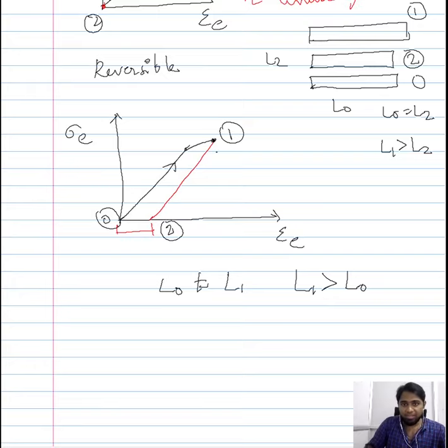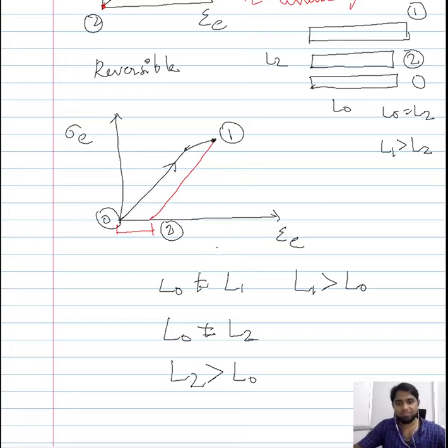However, when I unload completely, when after the point L1 I remove the mechanical load I am imposing completely, even then the dimensions of the material will not be equal to that of L0. L2 will not be equal to L0. In fact, L2 will be greater than L0.